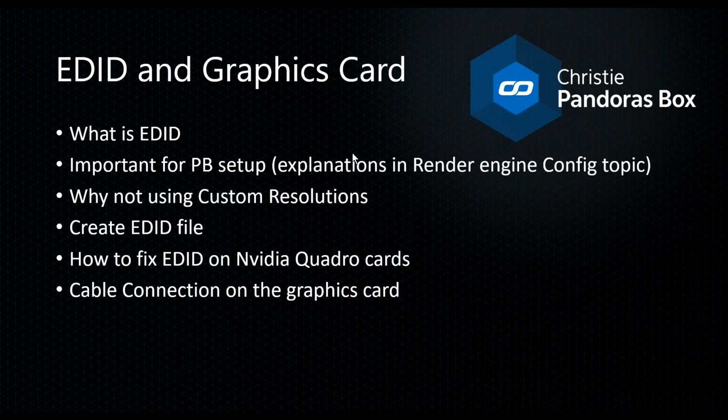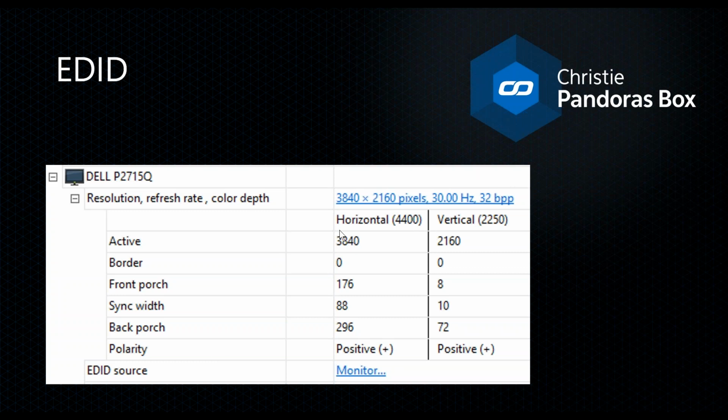So what is EDID? EDID is basically the information the display sends back to the graphics card, in which dimension and with which parameters the signal has to be transmitted to be able to be shown on screen. And this normally looks like this.